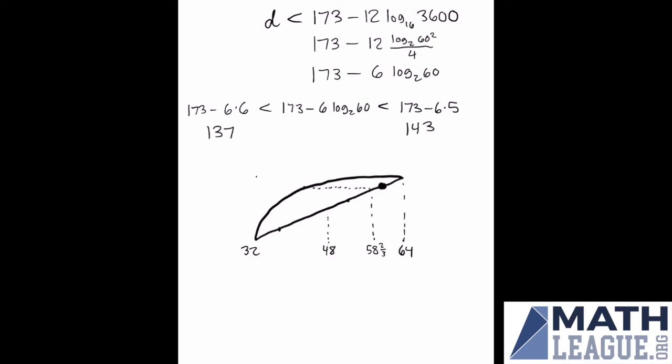In fact, I could estimate that log base 2 of 60 would be greater than 5 and 5/6, which means that the value is going to be between 137 and 138.